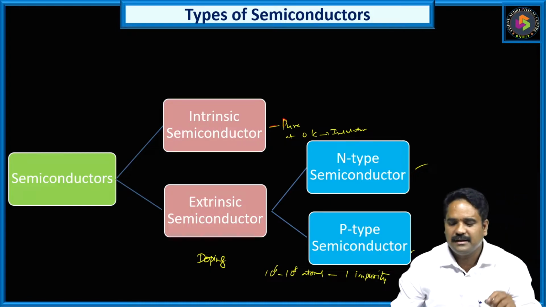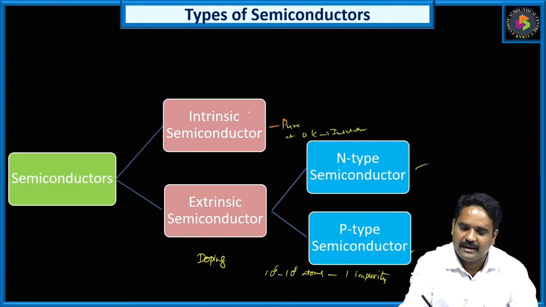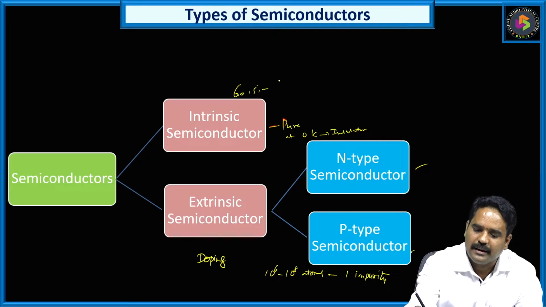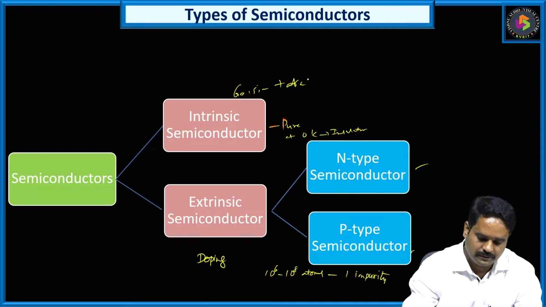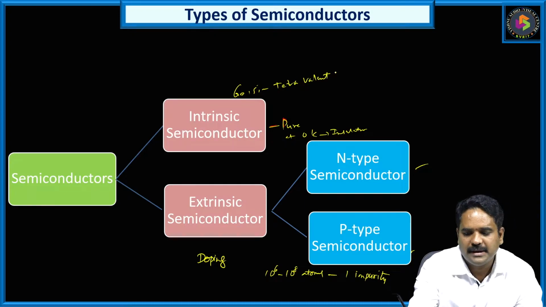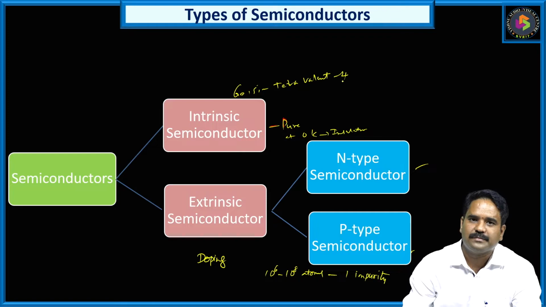What is an n-type semiconductor? Germanium and silicon are intrinsic semiconductors. Both are tetravalent elements, meaning their valency is 4.